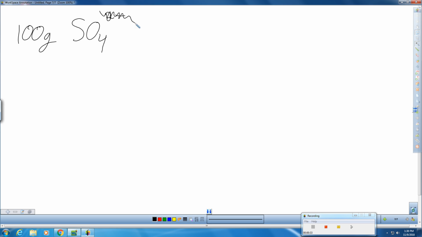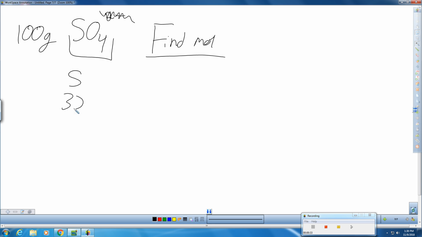So if I have 100 grams of sulfate, how many moles do I have? First off, what do I need to know? Before I freak out about any of this, what's the mass of sulfate? So how do we do that? It's going to be a sulfur, which is 32, plus 4 O's.